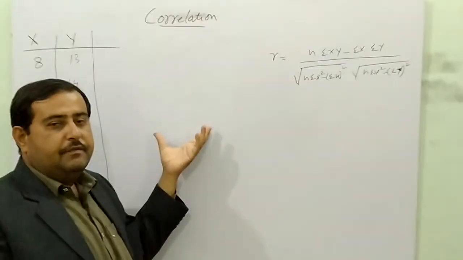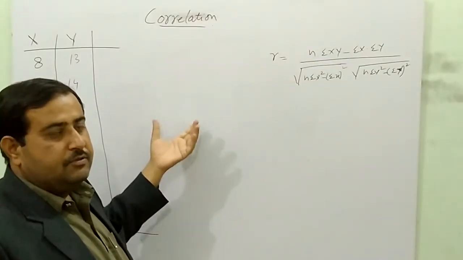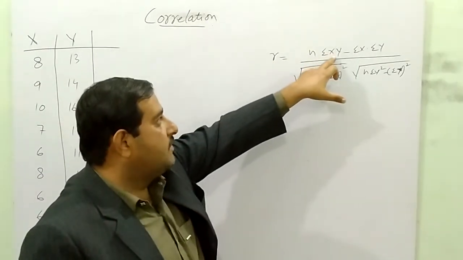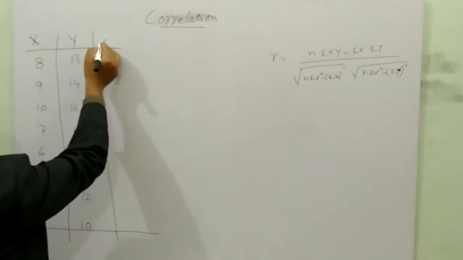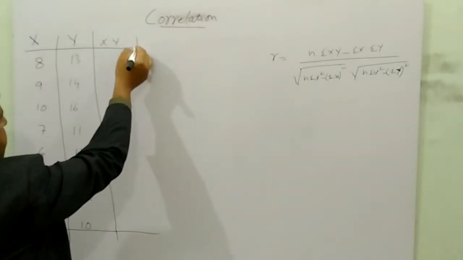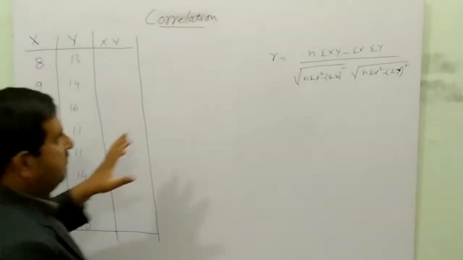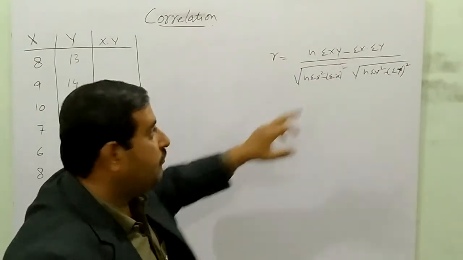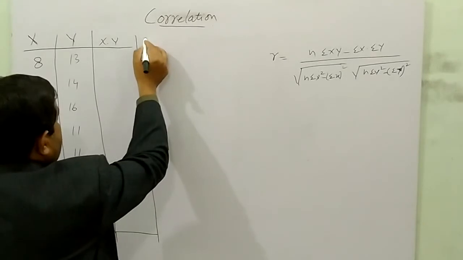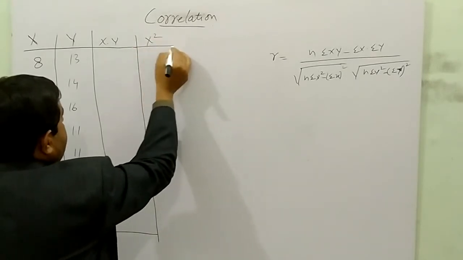Now we will find the columns. We will make another column, that is x multiplied by y. Then another required column, that is x square. Now you find x square.